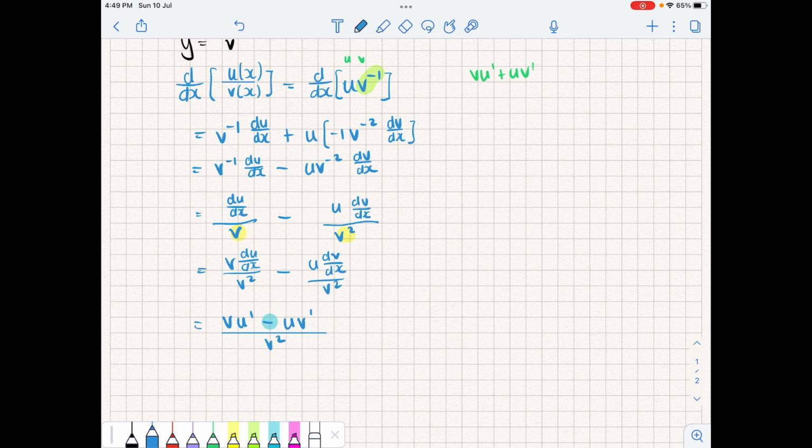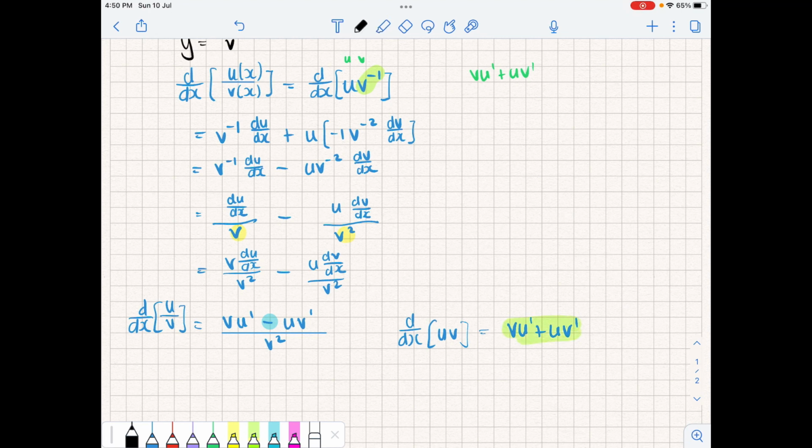So the reason why I like this format is because it's similar to the product rule. So this is for d by dx of u over v, and this is for d by dx of u times v, which is v u dash plus u v dash. In the product rule, the order that you differentiate it wouldn't have mattered.